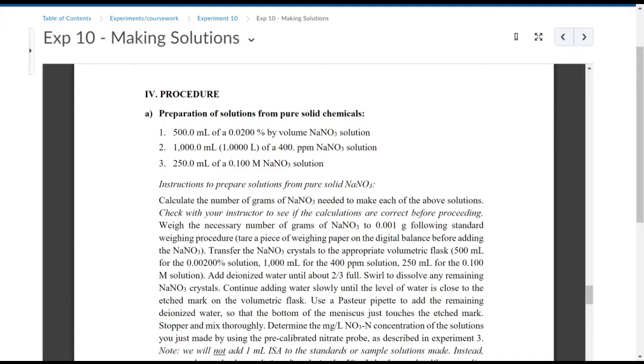For the second one, we need 1,000 milliliter of 400 ppm. How much do we need? What mass for the second one?